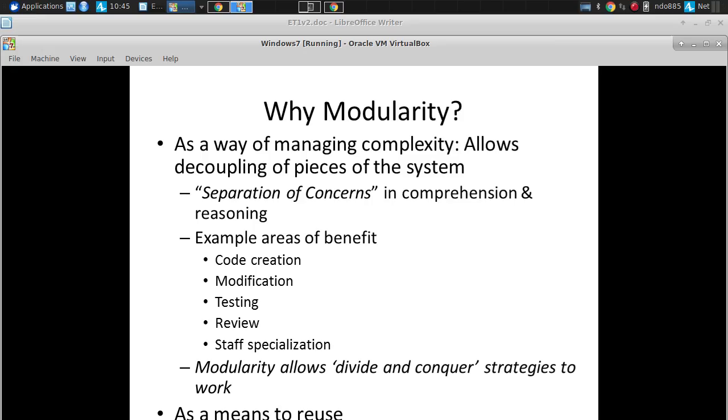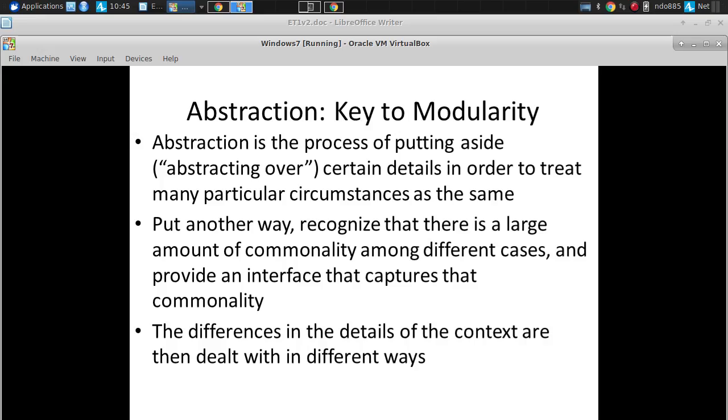Okay, so modularity, a good thing and one that will be following us throughout the term, whether it's aspect-oriented modularity or functional or class-based or what have you. And I said abstraction is the key to modularity. Building up pieces that handle a number of different cases, hide the details between those cases, and they allow us to handle with a certain generality a set of cases. So they abstract over certain details. So I argued we had a square root function, right?